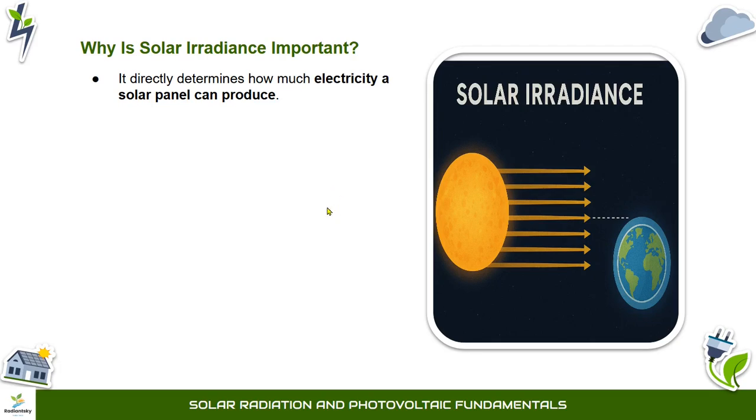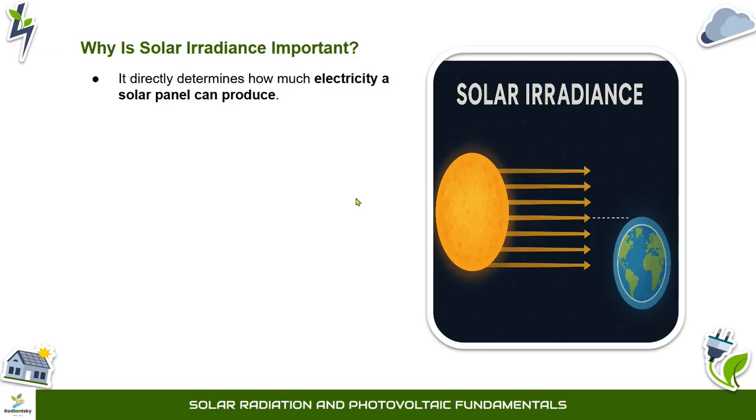If you know the amount of sunlight that reaches the Earth's surface in the area you want to install solar, you can do your calculation and say, this is the amount of power I can produce if I get this amount of solar panels, based on the amount of irradiance reaching this location, this state, or this region.